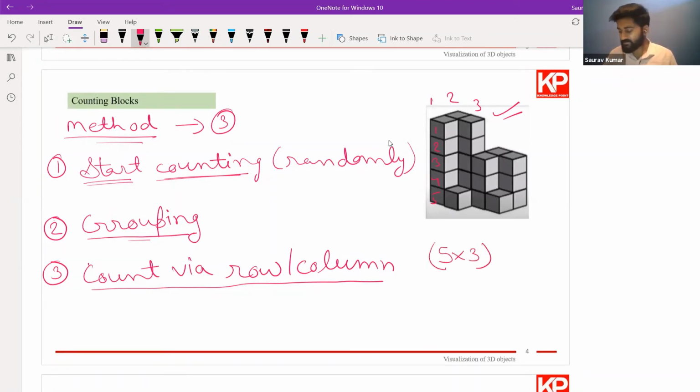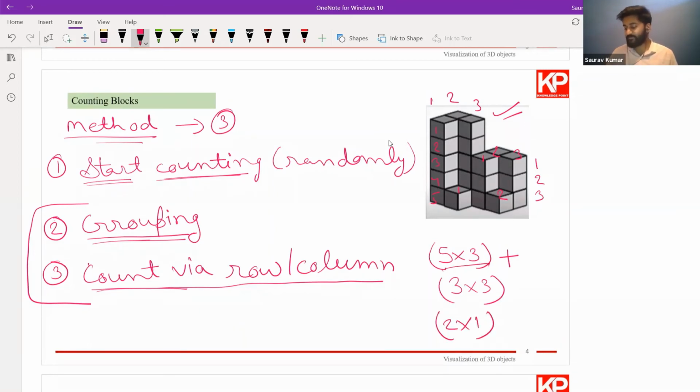Then you look at the next part. So you add. So you see, you can also use these two things together. You are doing the grouping and you are counting via rows and columns. Then we take this 1, 2, 3, and they are having 1, 2, 3. So we are having 3 columns with 3 blocks each, like that. And then we are having these 1, 2. So 2 into 1.